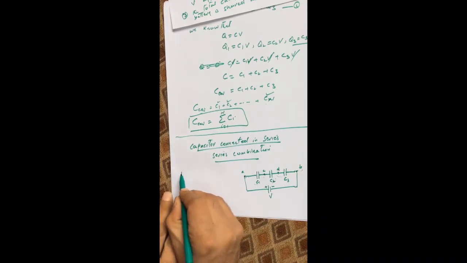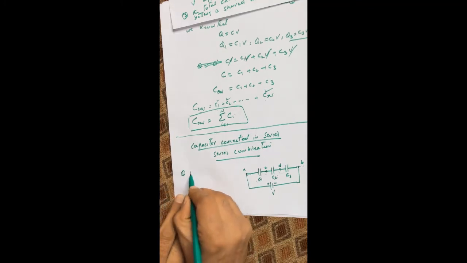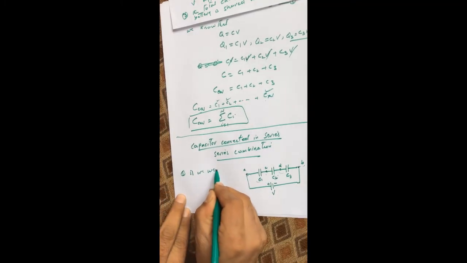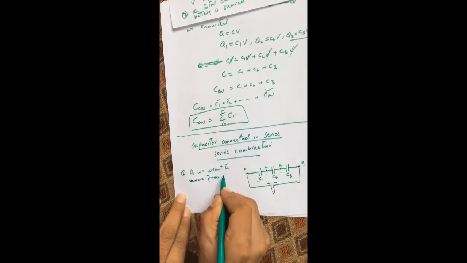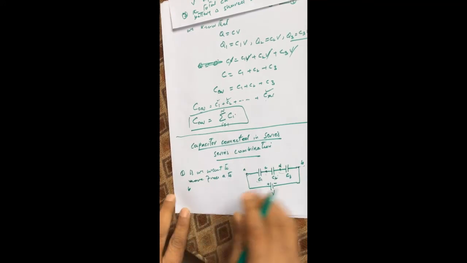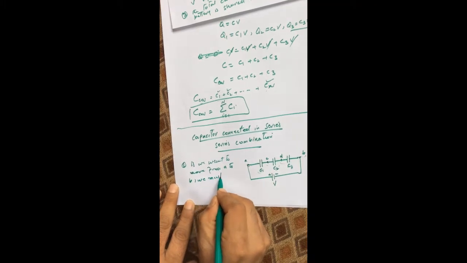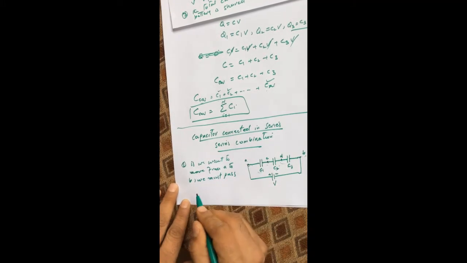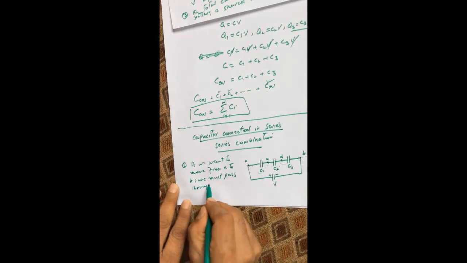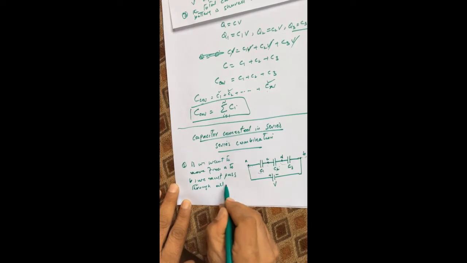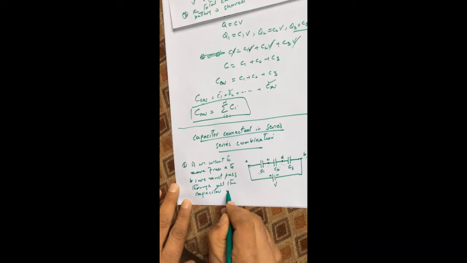So the first thing about series combination is, if we want to move from A to B, we must pass through all the capacitors in succession.